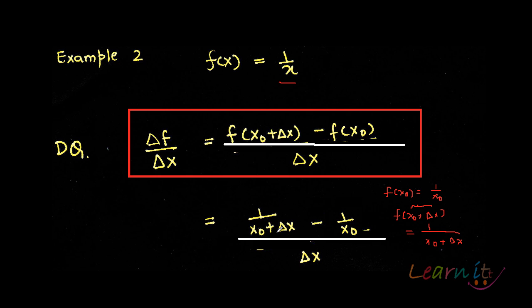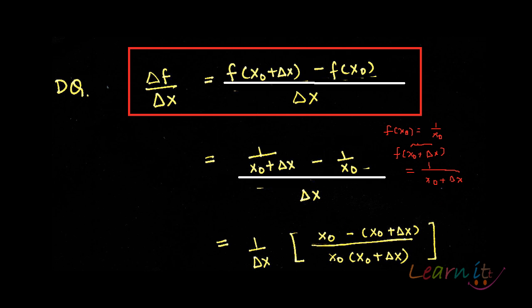So just plugging in the values, 1 upon x naught plus change in x minus 1 upon x naught, upon change in x, is my difference quotient. Now what I can do here is take out 1 upon change in x outside. In the numerator, to figure out this difference, I need to take the LCM. I'm going to make the denominators the same and then subtract.